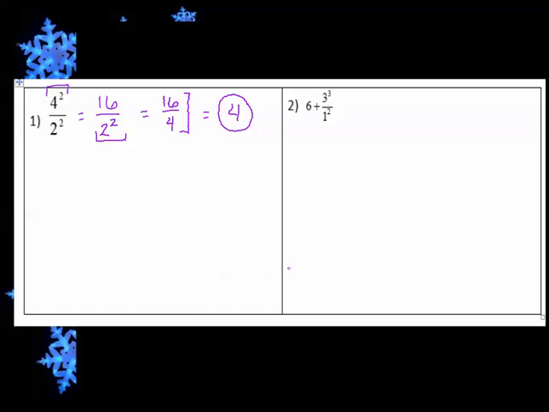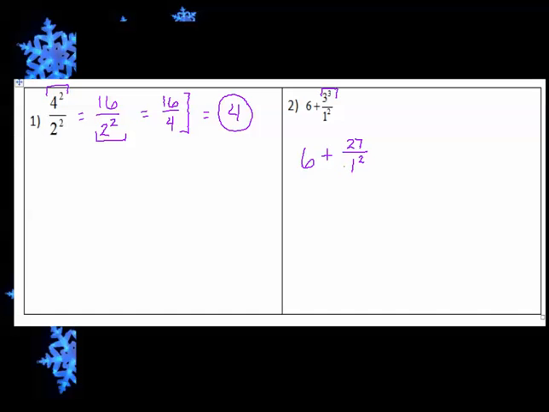Alright, let's go over number 2 together. So we're going to solve all the things on the top first. 3 to the third. 3 to the third gives me 27. So I'm actually going to write this one out a little bit different since the 6 is out front. 6 plus 27 over 1 to the second.